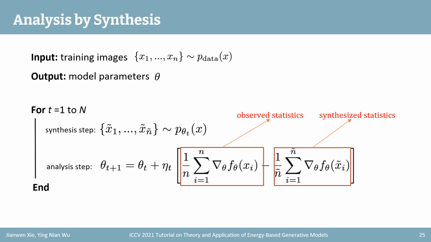This is a full description of the MCMC-based MLE algorithm for energy-based generative model. At each iteration, we first sample synthesized examples from the learned distribution by MCMC, and then use the training data and the synthesized data to compute the gradient of the log likelihood, such that the model parameters can be updated by gradient-based learning algorithm.